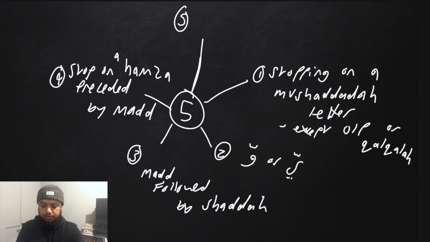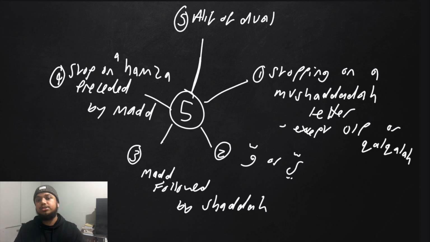And we covered scenario number 5, which is whenever we read the alif of dual. We said it only applies to 3 specific words in the Glorious Qur'an. These were ذَاقَ الشَّجَرَةِ, وَاسْتَبَقَ الْبَابِ and وَقَالَ الْحَمْدُ لِلَّهِ. We mentioned for this 5th type it's easier just to remember the specific scenario as opposed to remembering the rule. But of course we mentioned the rule as well for the purpose of completion.